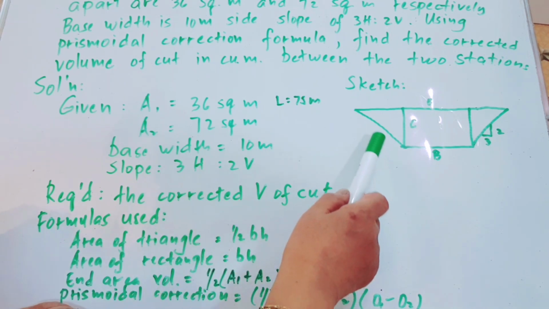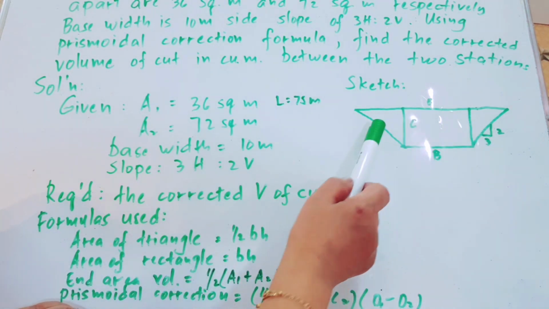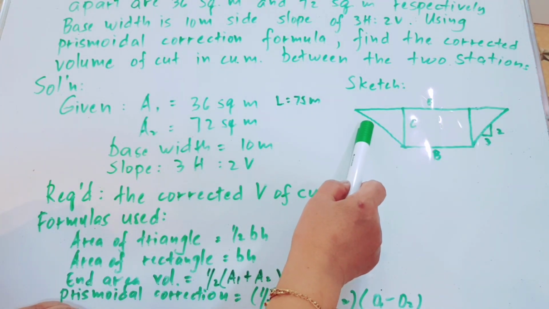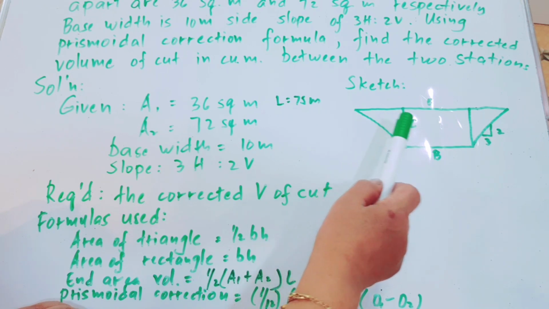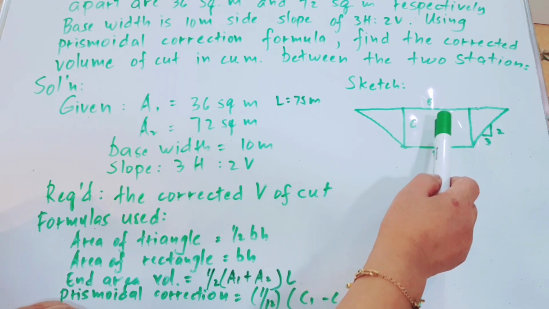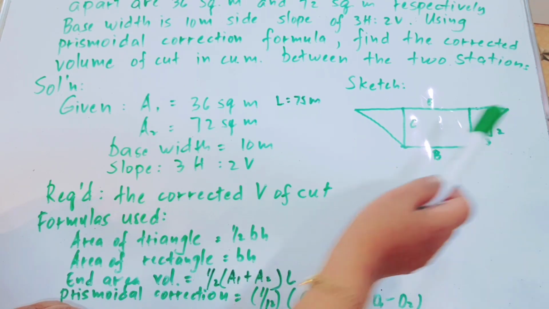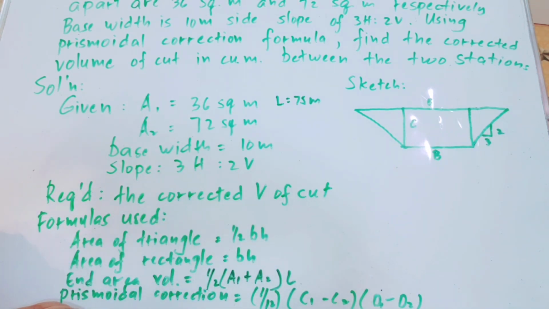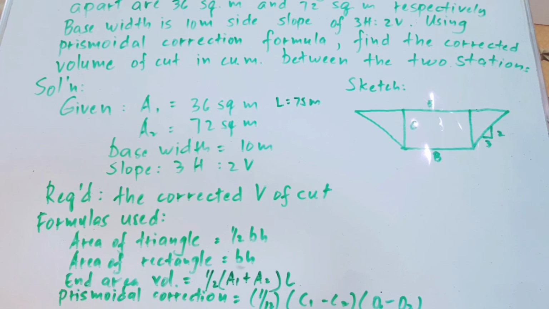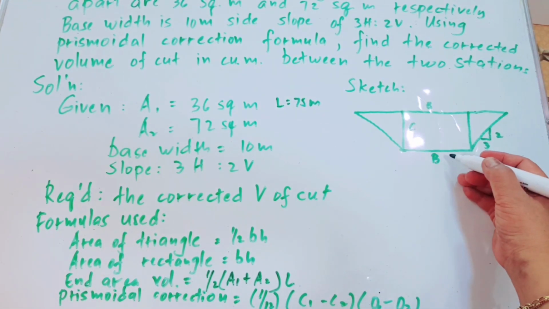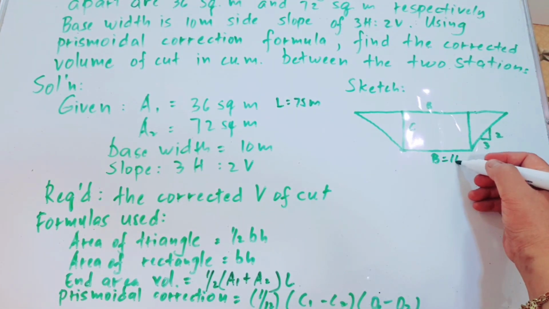Now, see this sketch. If we consider this as area 1, that means this is C1 and this is B1. The slope is 3 horizontal to 2 vertical, and our base is equal to 10.